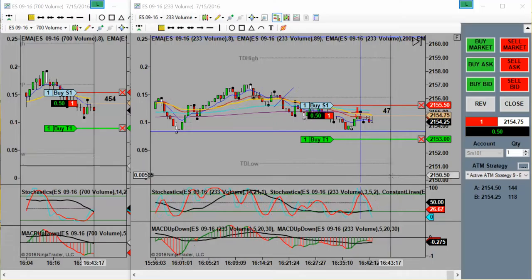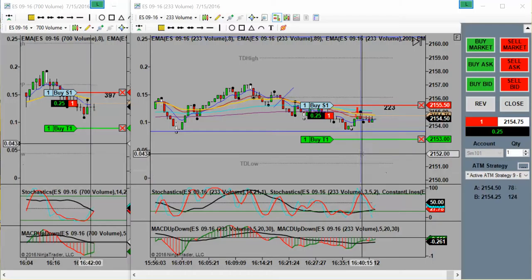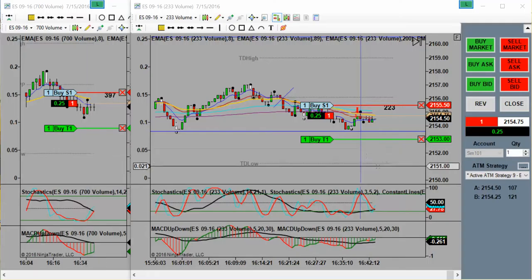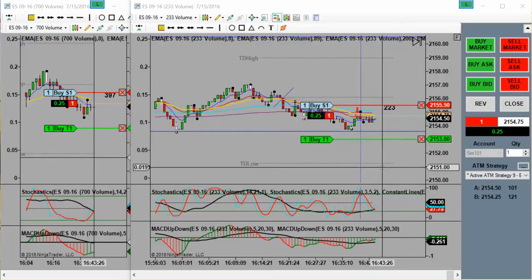So again, it's not moving too quickly, but let's just watch it for a bit. I'm just jotting down on my paperwork that I entered around 4:39 in the Globex session. ES 233 volume, September 16.